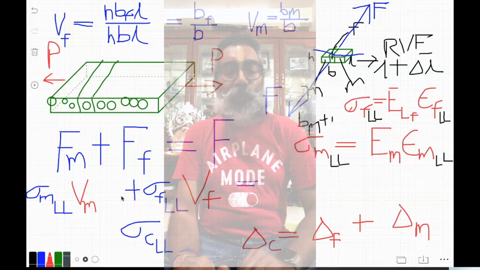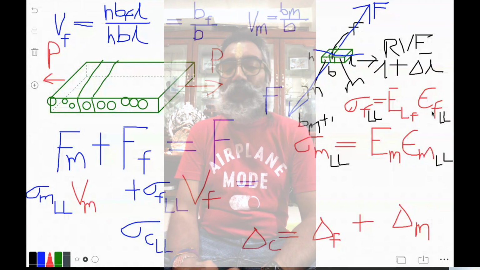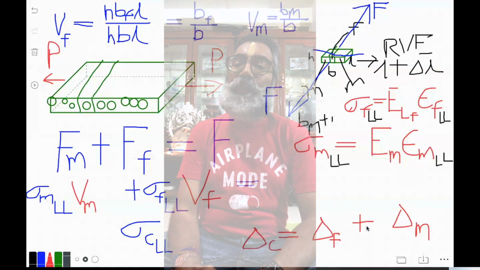And therefore we are once again going to use the same relationship between force and the stress, and between the stress and the strain, and between the strain and the displacement.